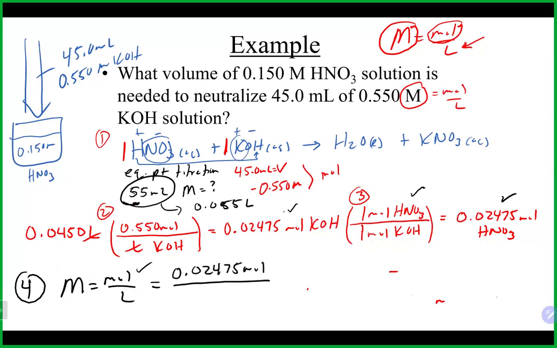We'll take our moles divided by our volume that we started with in the titration. And that would give us, let's see how bad I did making up numbers here. A molarity of our nitric acid, in my example, would be 0.45 molar by dividing the two.